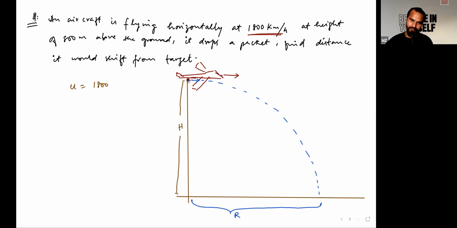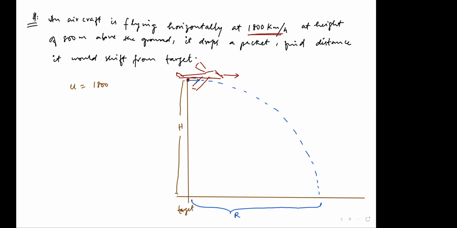At the time of dropping, this will be your target point, and by this much amount it will have missed the target. We call this term the range, so we calculate it from this expression. Okay, Hiba? Okay, sir. Try to solve.